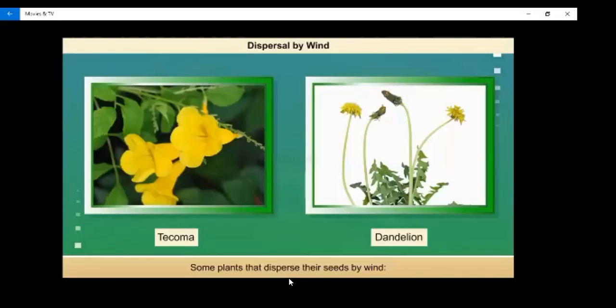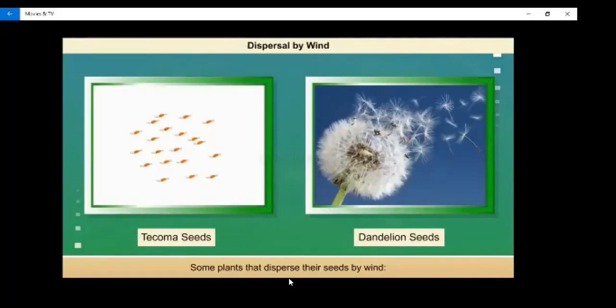manner. Some plants, such as tecoma and dandelion, disperse their seeds by wind. These plants produce small, light seeds that are covered by outgrowths. These structures help the seeds stay longer in air and spread far away.